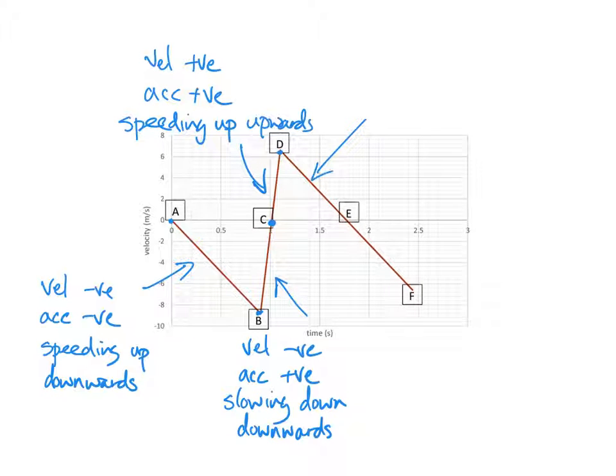So at this point, the ball is moving upwards, but it's no longer in contact with the ground, so its weight is going to slow it down, acceleration due to gravity. So the velocity is positive, but we're back to negative acceleration due to gravity. So it's still on the way up, but these two have got opposite signs, so it's slowing down upwards.